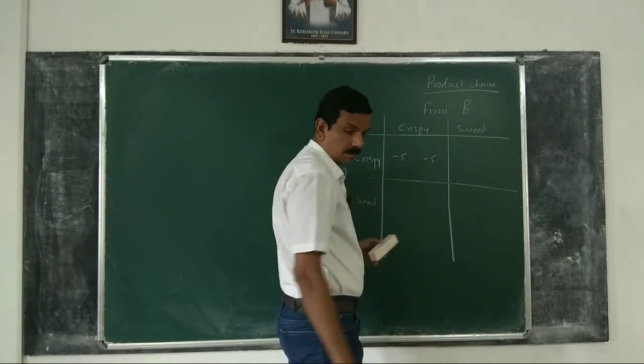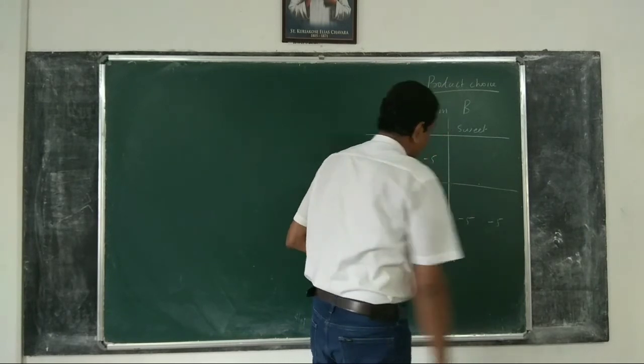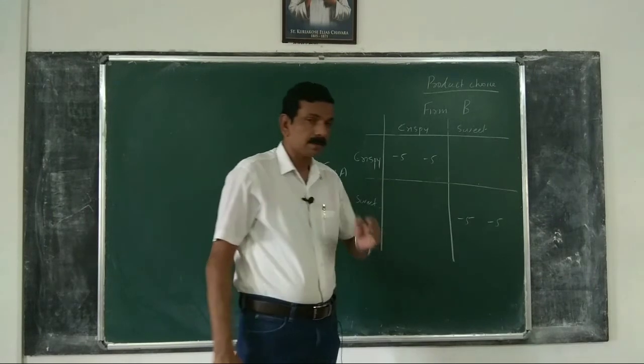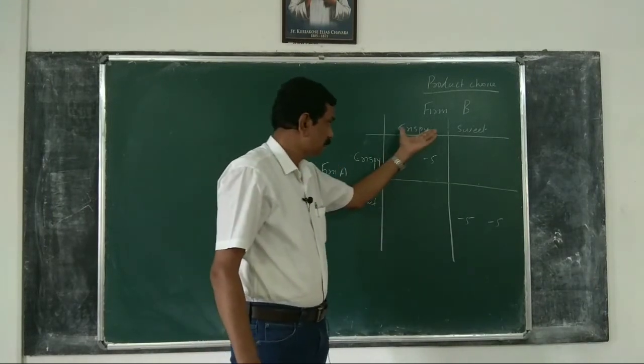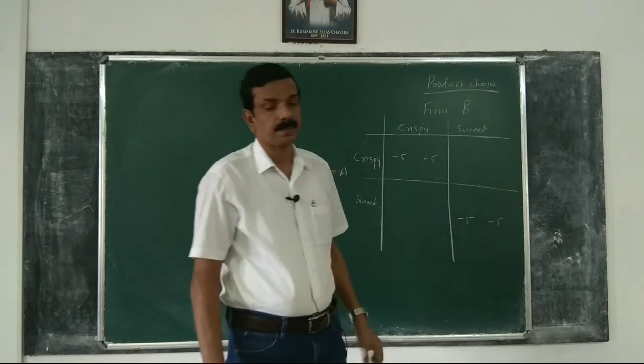-5. Both sweet, again -5. If both introduce the same cereal, crispy or sweet, both lose money.